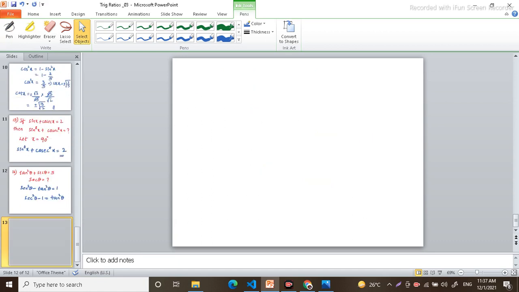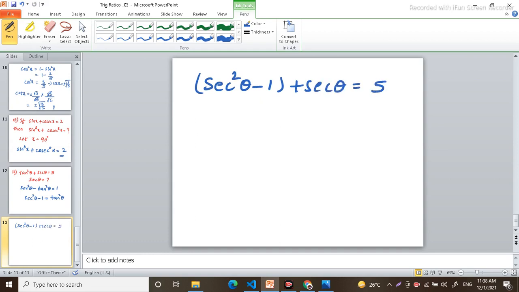Based on this formula, we'll substitute here. In the place of tan square theta, I'll write secant square theta minus 1, plus secant theta is equal to 5.